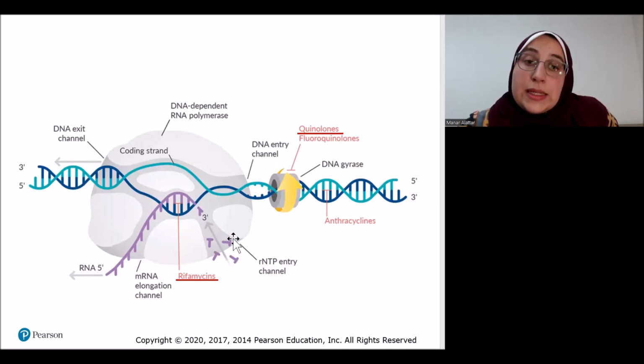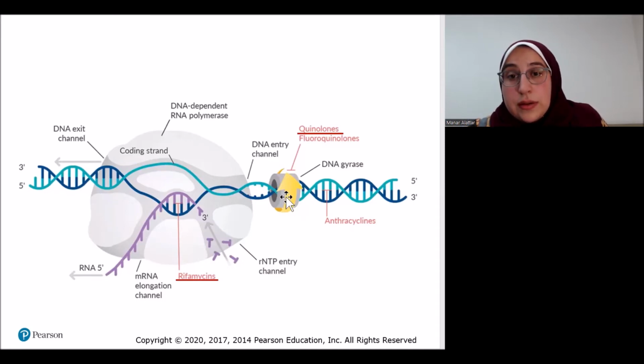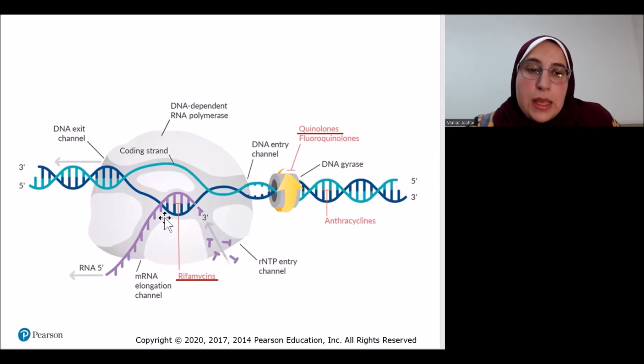Whereas rifampicin is specifically interacting with the RNA polymerase, and that's actually impacting the transcription. Okay, so your quinolones are impacting both replication and transcription, whereas your rifampicin is just impacting transcription.